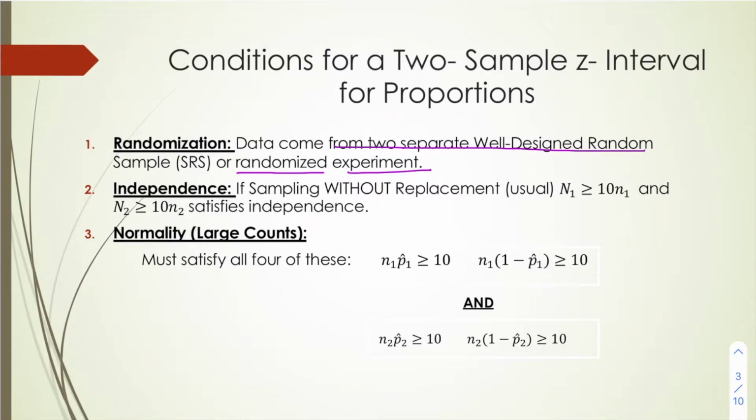Independence, if you sample without replacement, you have to have capital N sub 1 greater than or equal to 10 N sub 1 and capital N sub 2 greater than or equal to 10 N sub 2.